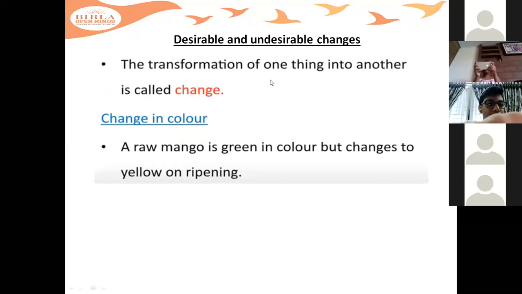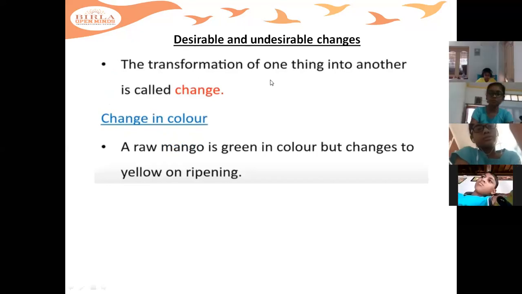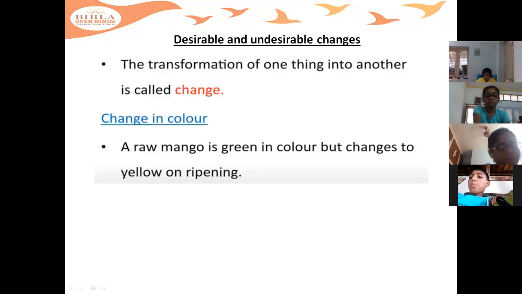Okay. Yes, anyone, you can just give me two examples of desirable and undesirable change. Sikshita, can you just give me the changes which you like, and two changes which you do not like, desirable and undesirable? Can you give me two examples or at least one example?